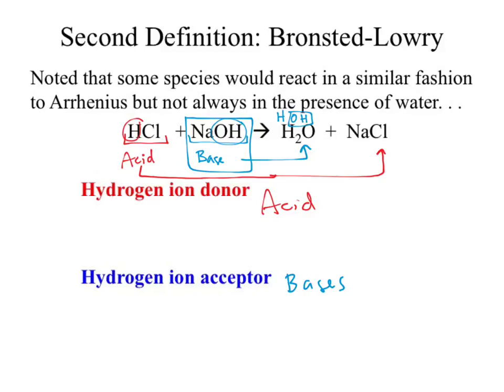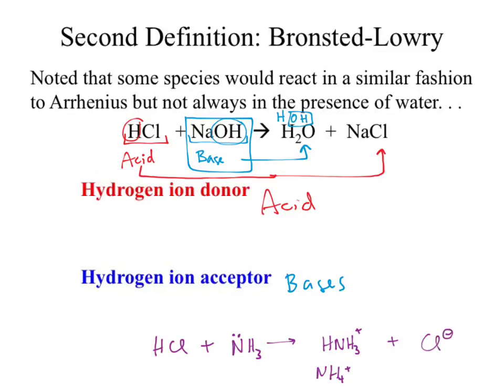For instance, if we look at the equation HCl plus NH3, the result we get here, also known as NH4+ Cl-.